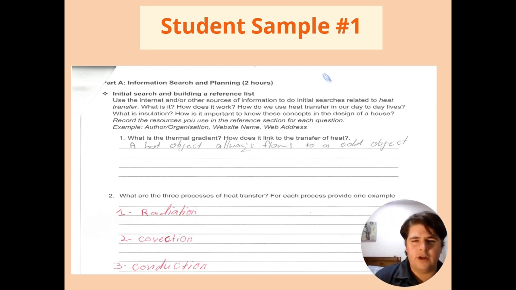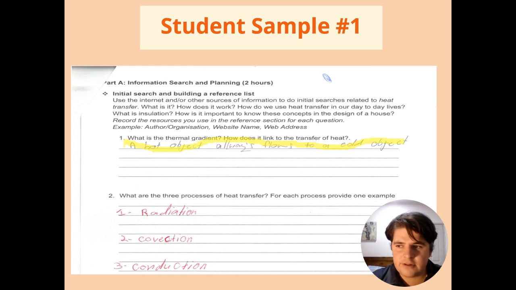Here we have in question 1 and 2, the student has provided an answer to both questions. And in question 1, which is what is the thermal gradient, how is it linked to the transfer of heat, they have replied with a hot object always flows to a cold object.